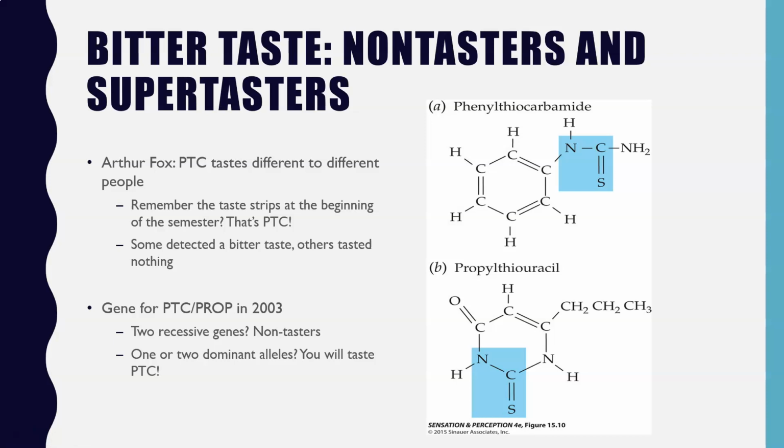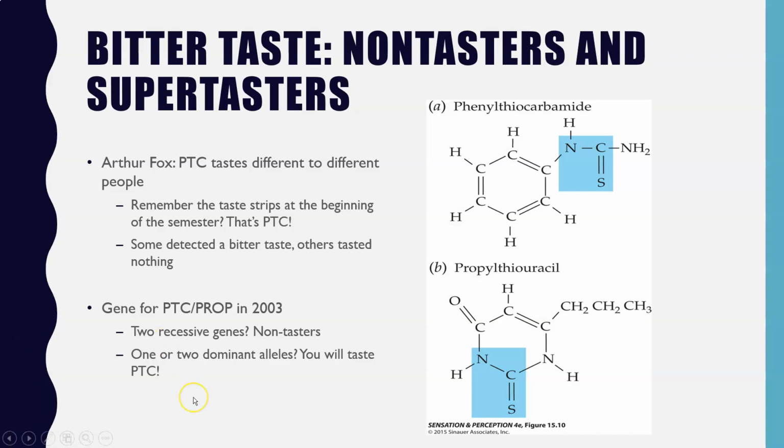So if you have two recessive genes, you are what are known as a non-taster. So if you didn't taste this, you probably carry two recessive alleles. If you have one dominant allele, you're probably going to be a medium taster. You're somebody who can taste the bitterness, but it might take some time.